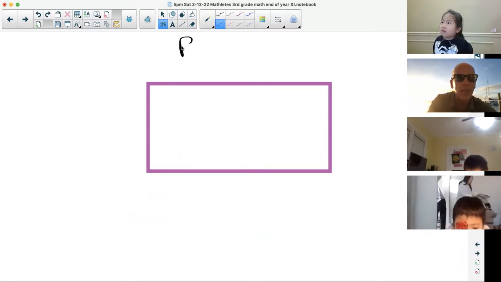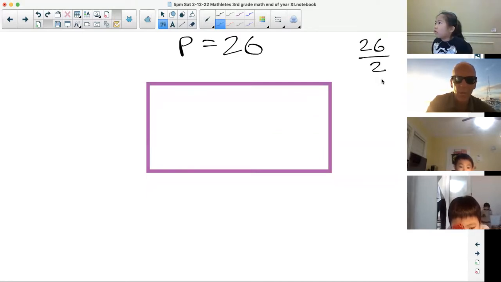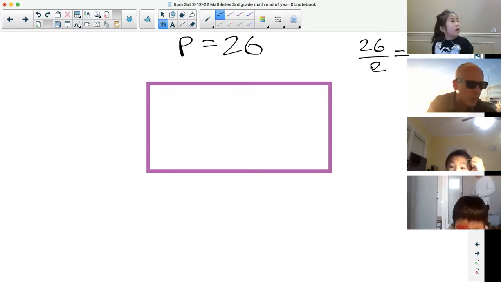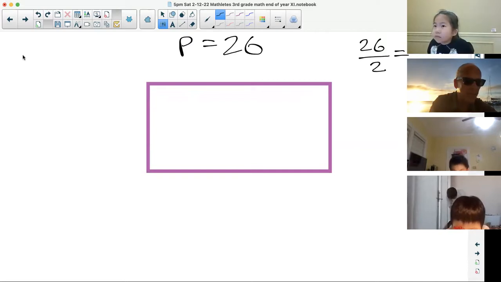If I tell you that the perimeter equals 26, the first thing you should do is divide the perimeter by 2. If you divide 26 by 2, what do you get? Guys, if you take half of 26, which is half of 20 plus half of 6, who thinks they've got it?